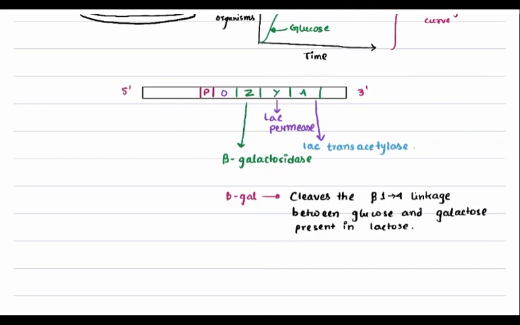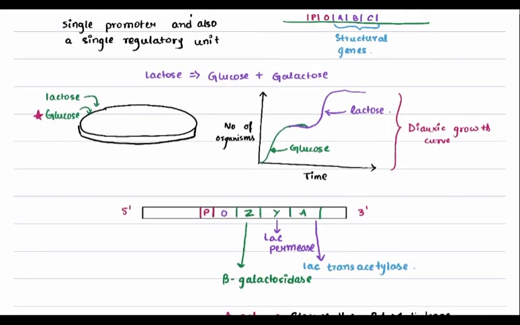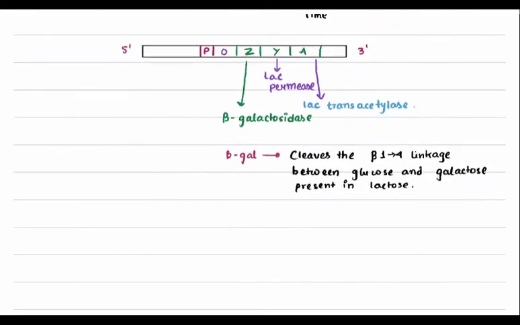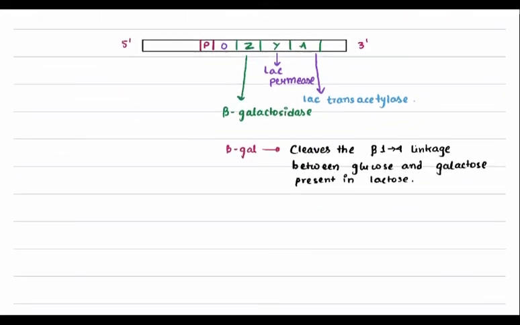Like I said, lactose is made of glucose and galactose. So in order to utilize glucose, lactose needs to be broken down into the 2 components, glucose and galactose, and then it can utilize glucose. So it is breaking the bond between glucose and galactose. That is the work of beta-galactosidase.